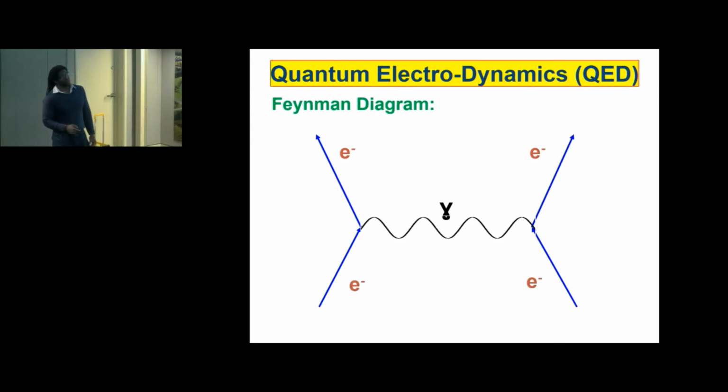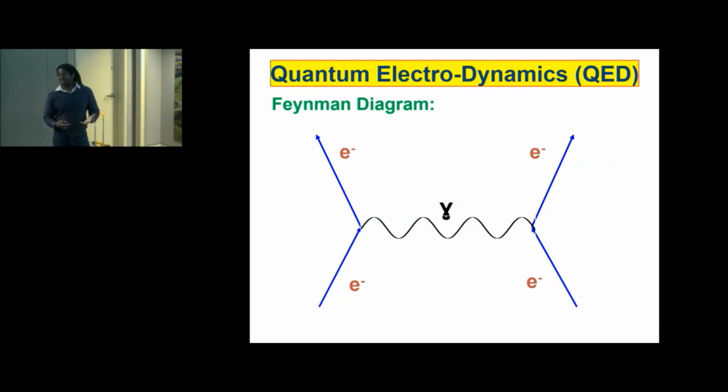So in this case, on the X we have space, and on the Y we have time. So at time 0, we have two electrons separated by some distance in space. As we move up in time, they move closer together, and then at some point, a photon is exchanged, and then they move apart.